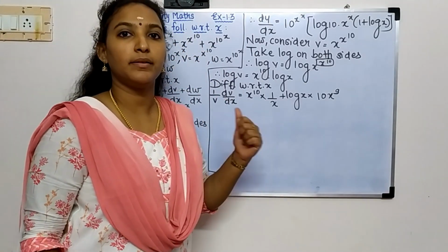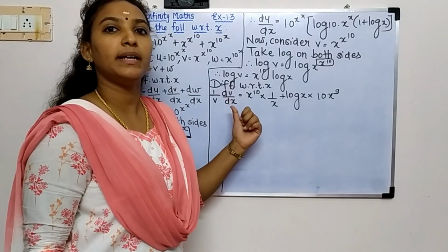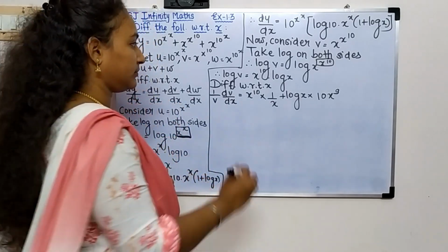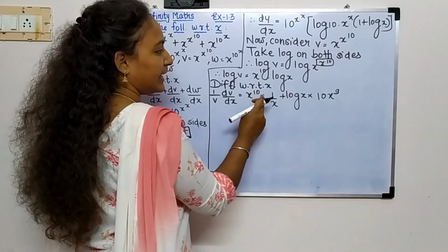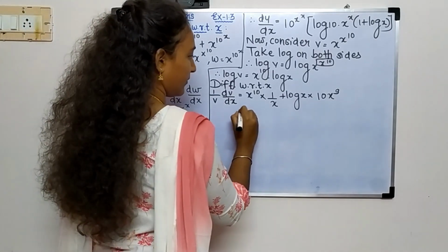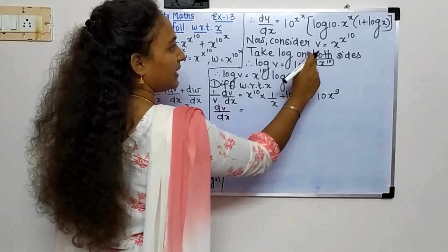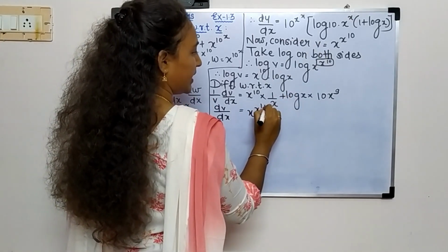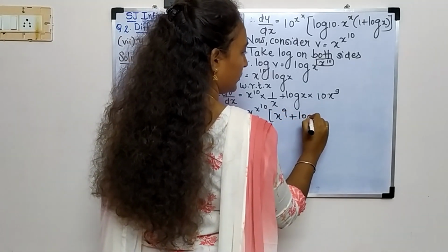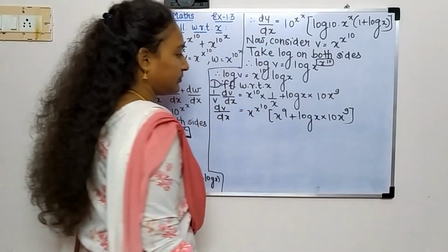See, hope you remember all the basic formulae of differentiation. If you don't remember it, please watch the basics of differentiation video once again. See, when x power 10 is divided by x, you will get x power 9. So let us calculate dv by dx. Your v is x raised to 10, and this is x power 9 plus log x into 10 x raised to 9.